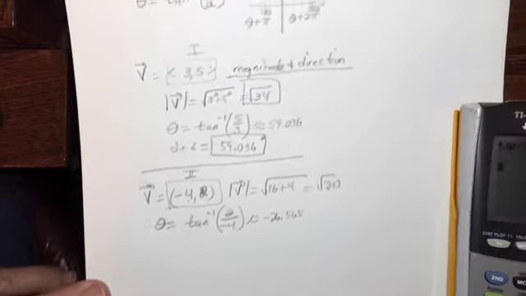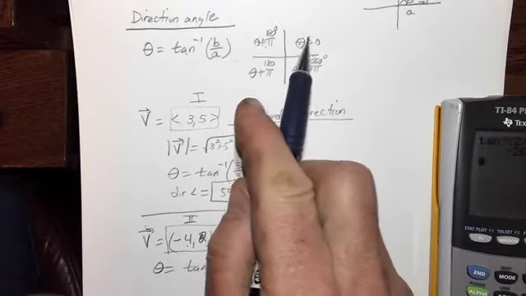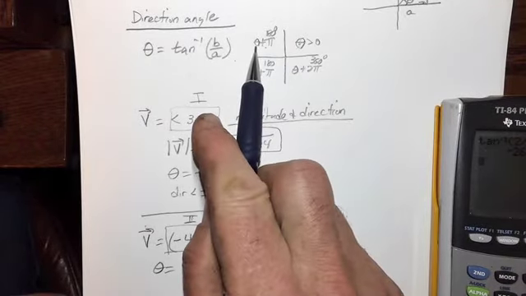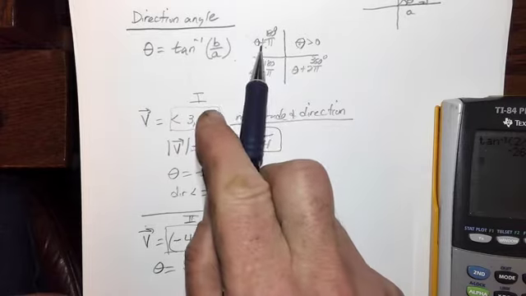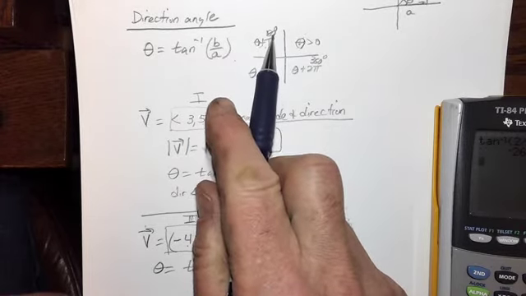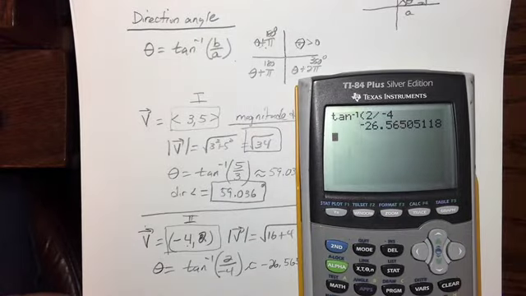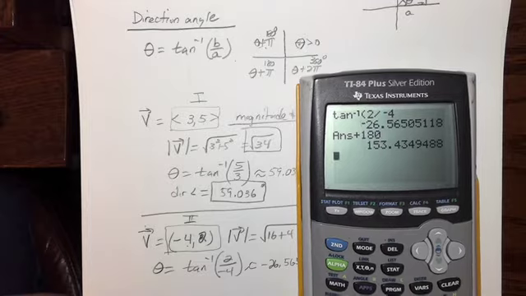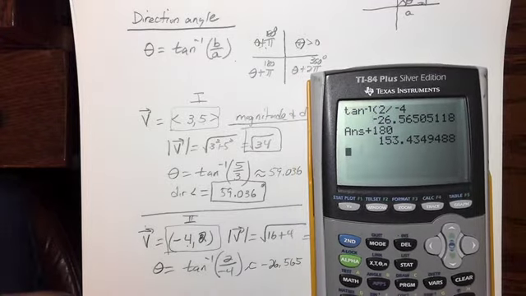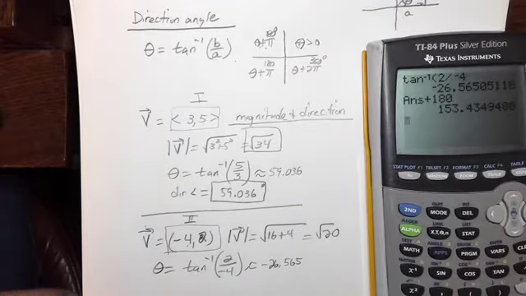If we go back to our little key up here, if you're in the second quadrant, you take whatever the calculator gives you and add 180 to it. So I'm going to take this answer and add 180. So my direction angle is 153.435 degrees.